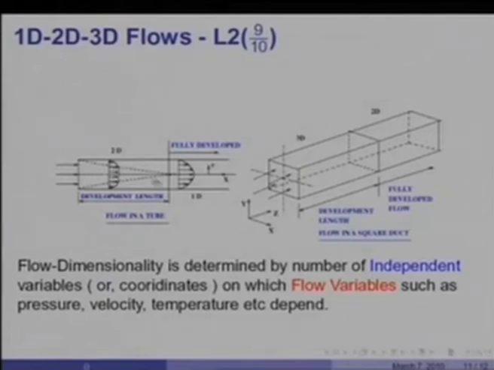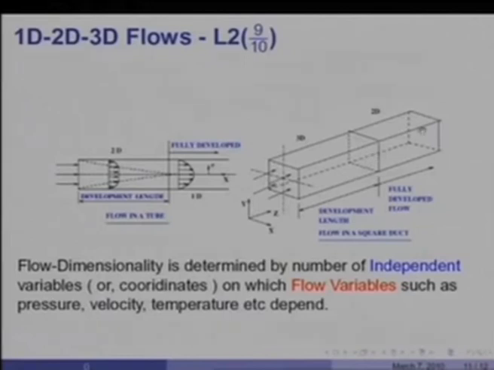So, the development length flow is 2-dimensional, but the fully developed flow is only 1-dimensional in the flow in a tube. But if you now consider a flow in a non-circular section tube, like let us say a square section tube, you will have a development length in which boundary layers will grow on all 4 surfaces, and the flow in this region would be 3-dimensional.